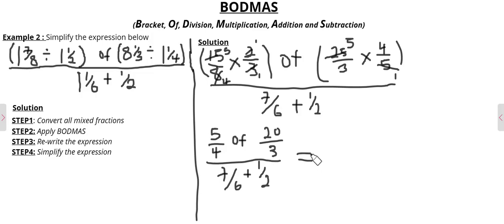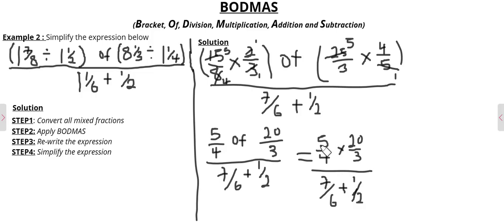Now let's continue. So we are now done with the bracket. So next we want to treat this "of", and this "of" in BODMAS is similar to multiplication. So we can rewrite this to be 5 all over 4 times 20 all over 3, all over 7 over 6 plus 1 all over 2.